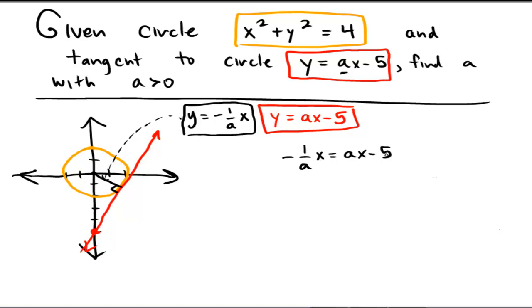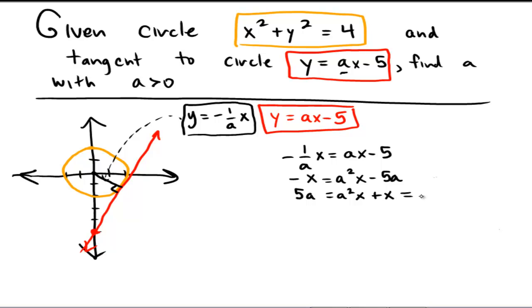Now in order to solve for x, let's multiply both sides by a. So negative x equals a squared x minus 5a, and then I'm going to add 5a to the left hand side, and I'm going to add x to the right hand side.